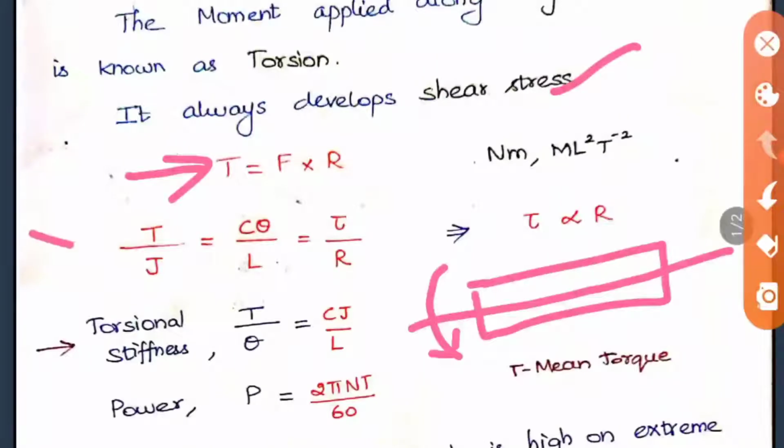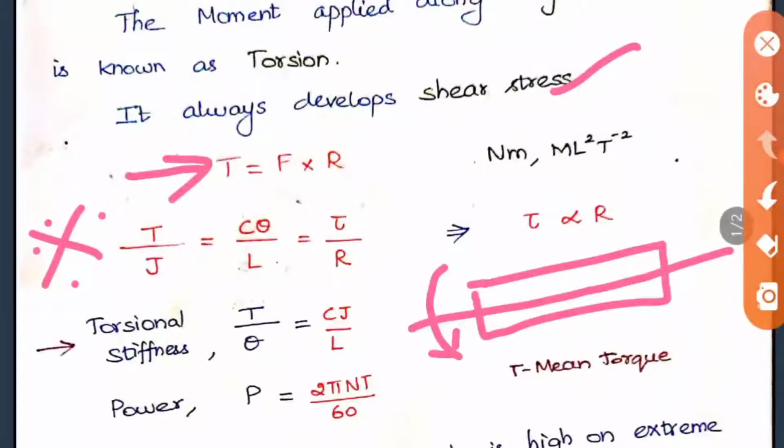And then this formula is very important. Similar to the simple theory of bending, here is a formula relating some elements. Based on this formula only, all the calculations related to torsion will be done. So T by J is equal to C theta by L, which is equal to tau by R. Here T is the torque applied, J is the polar moment of inertia, which I have already studied, and C is the rigidity modulus, or we can call it G also.